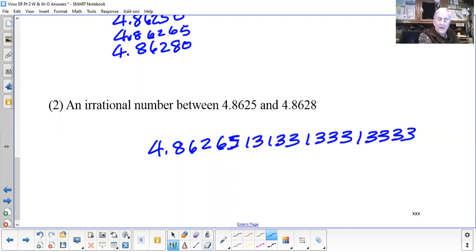I think I've established the pattern well enough, don't you? And if I put 3 dots here, I'm showing the reader of the answer to this problem that I have come up with an irrational number, which is growing with a pattern that would continue to infinity and never stop.